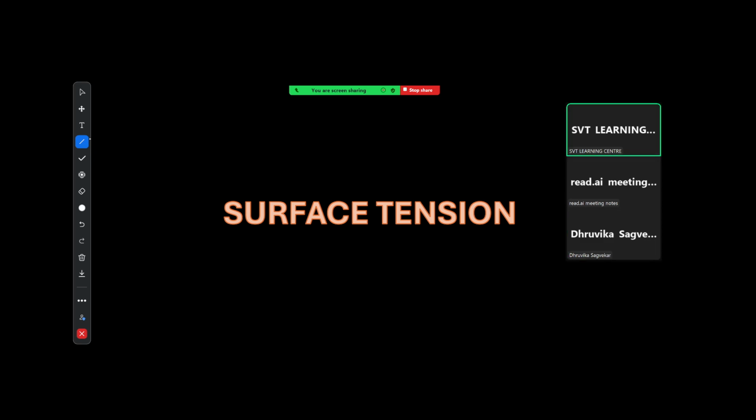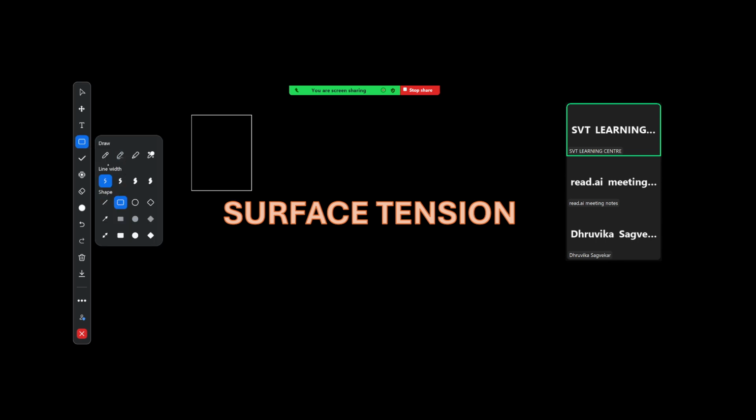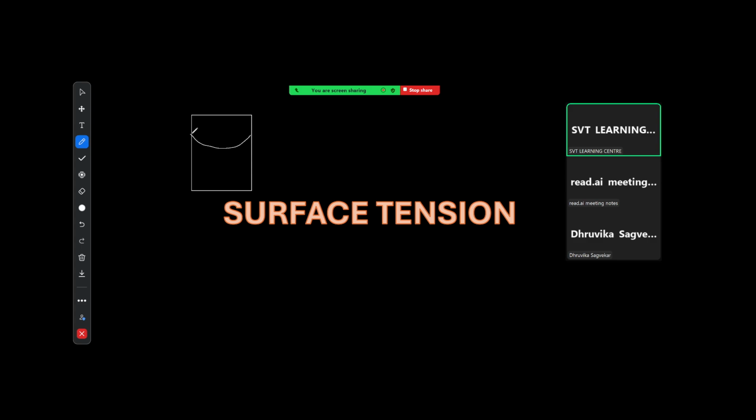Okay. Now let's look at the interaction that is happening over here again. So this is where our liquid would be, and let's say that our meniscus appears to be like this. So we look at a point of contact between the liquid and the solid. We draw a tangent to the surface of the liquid, and we measure the angle from inside the liquid, not outside. हे angle आपण नाही घेत, आपण हे angle घेतो. ठीक आहे?